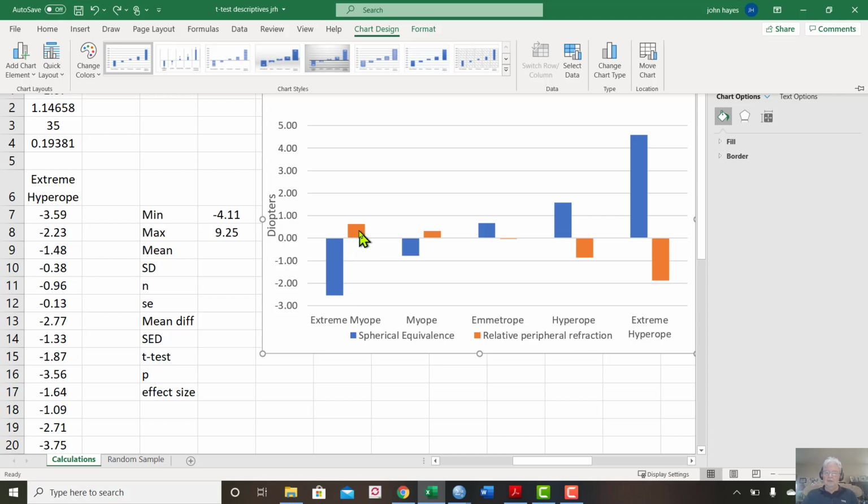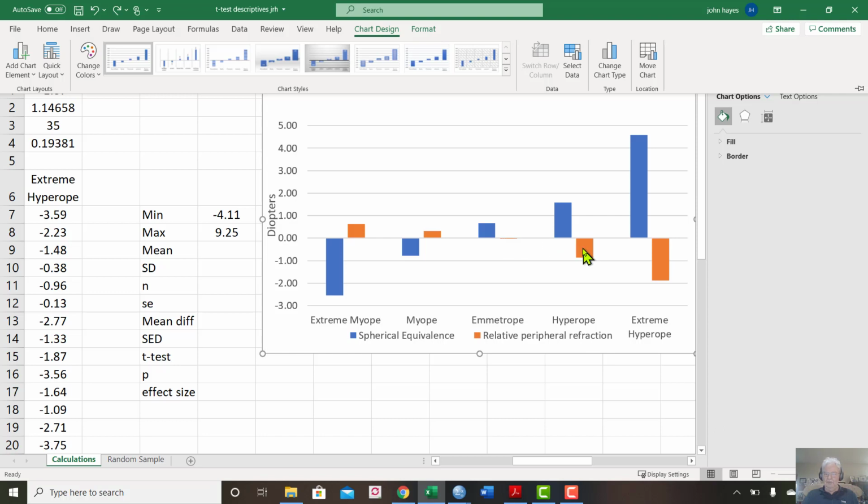You know, we know that to control myopia, we know about this, and we try and give them some plus to bring it down here. Let's look at the myopes. A little less. Emmetropes, almost equal. Hyperopes, look at this.